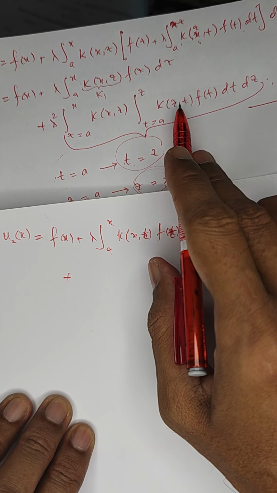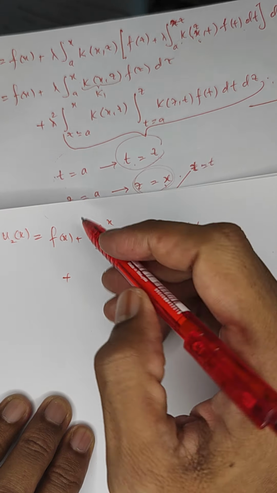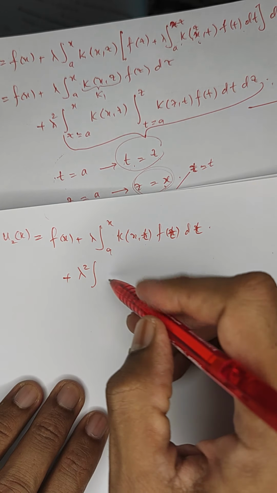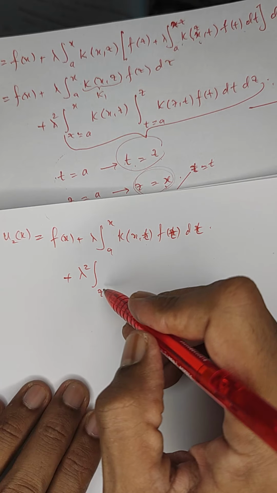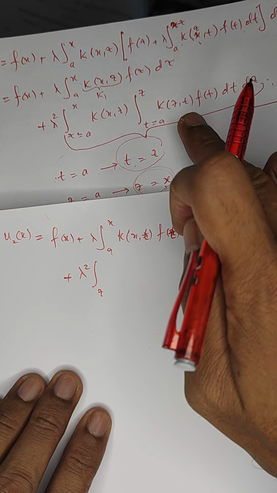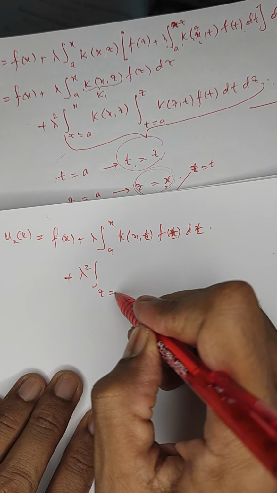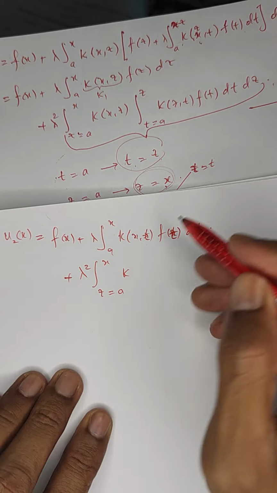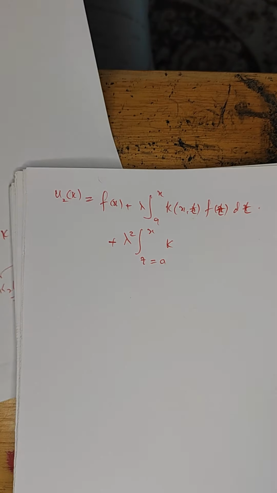that one has lambda squared, integrate from a to x, we can change z to t. Okay, I use this first, a to x. Here I can have k, no, we have changed those things.